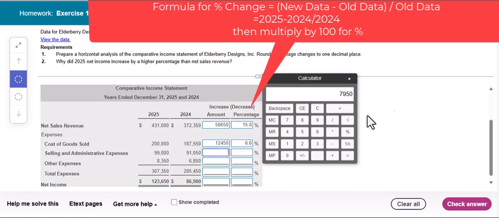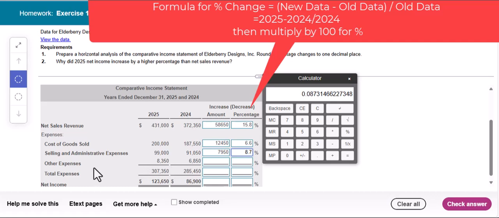So we can put that in. And then in order to get the percentage increase here, we divide it by the old year of 91,050. And that is going to give us a percentage change of 8.7%. And we'll input that here. Again, we're rounding just to the first decimal place after converting this to a percentage.